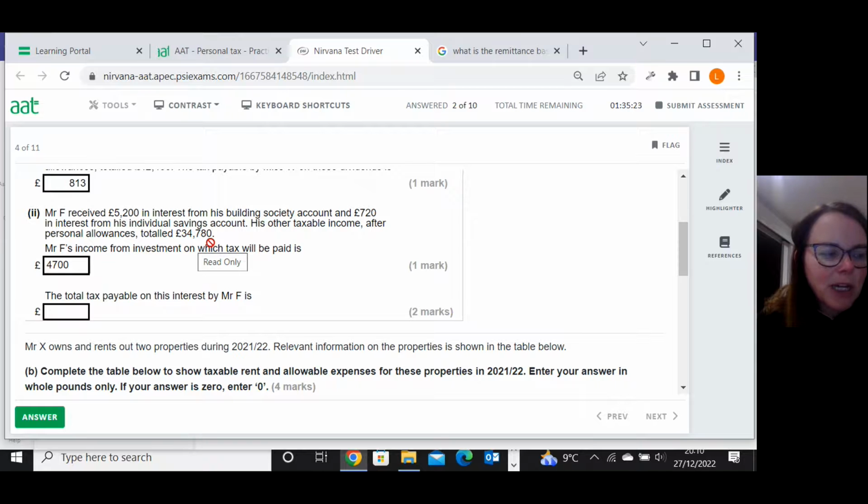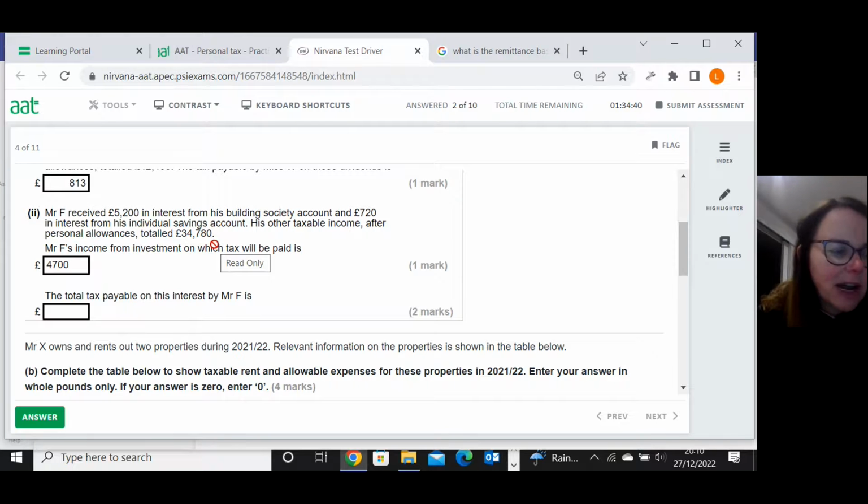And then we work out how much is going to be taxed at 20%. So we need to do 37,700, which is the basic rate tax band, minus the 34,780 that's been taxed as non-savings income, minus the 500 that's had the savings allowance applied. So that gives you a figure of 2,420 that is taxed at the 20% level. And that gives you a figure of tax of £484.